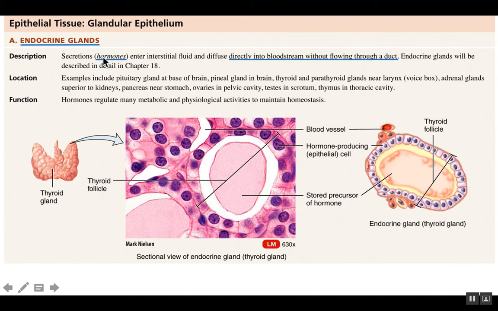For example, the pituitary gland, the pineal gland, thyroid gland, parathyroid glands, adrenal glands, and other organs like ovaries and testes are part of the endocrine system. So if you produce a hormone, you're an endocrine gland. That endocrine gland is largely made up of epithelial tissue.